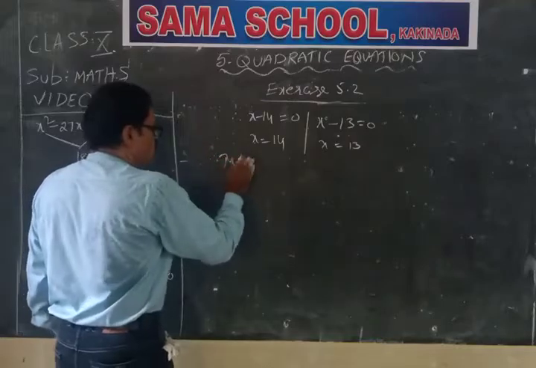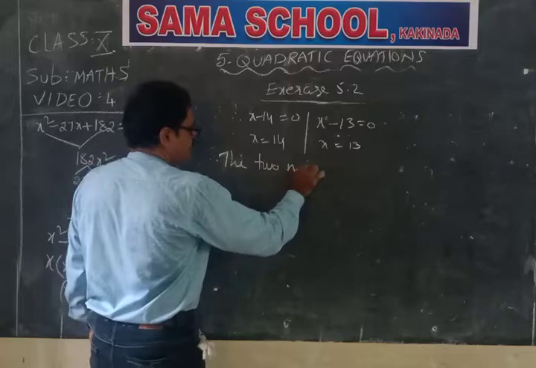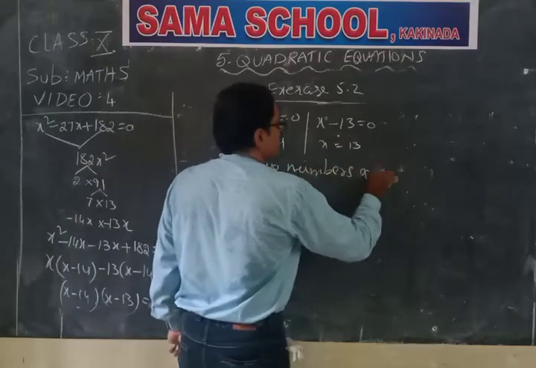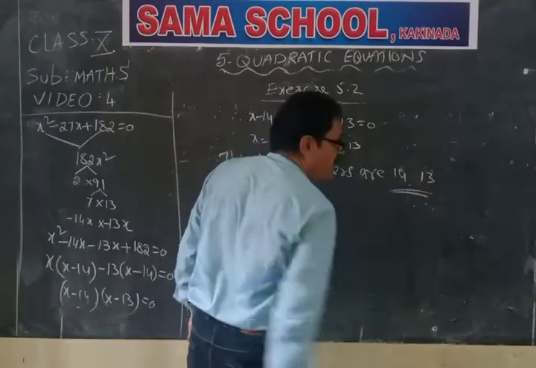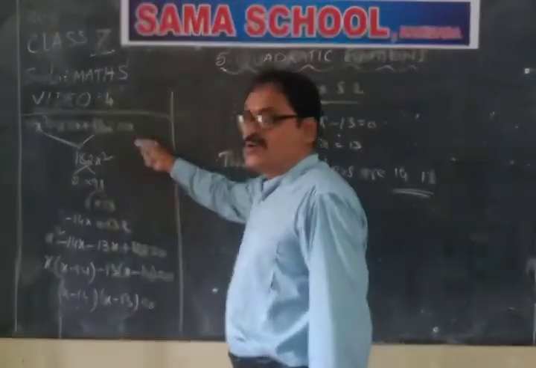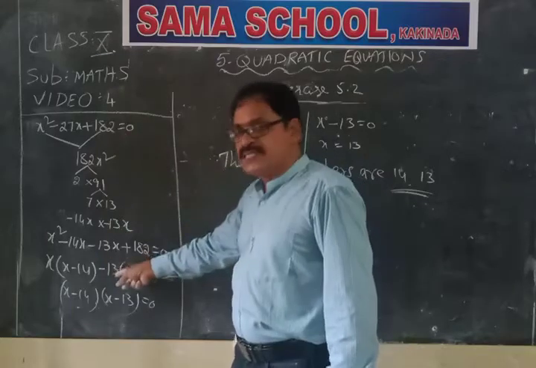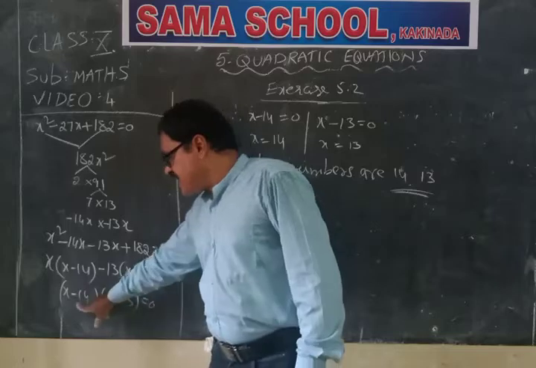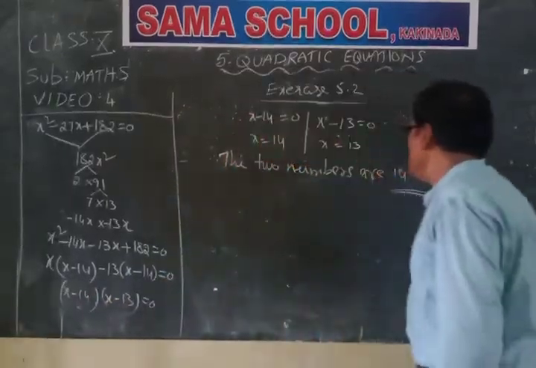Therefore, the two numbers are 14 and 13, or 13 and 14. First of all, from what is given, you have to form a quadratic equation and factorize it, each factorized into two linear factors, and each linear factor equal to 0.